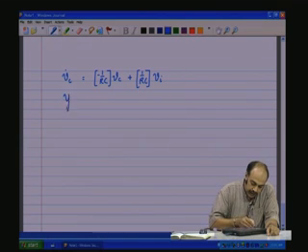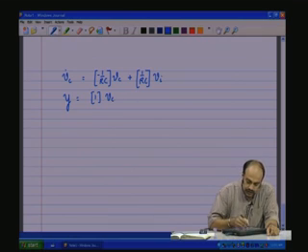And y, which is 1 into Vc in this case because the output is the same as Vc, plus 0 into Vi.